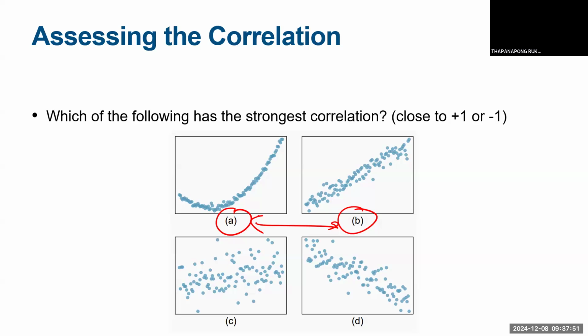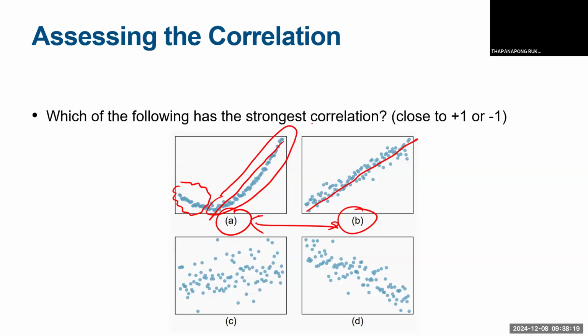It's linear, right? The definition of correlation only cares about linear relationships. So if you were to draw a linear line for A, you can draw something here and get most of the points, but there are some points that disagree. But for B, if you draw the line, most of the points are actually agreeing with you.